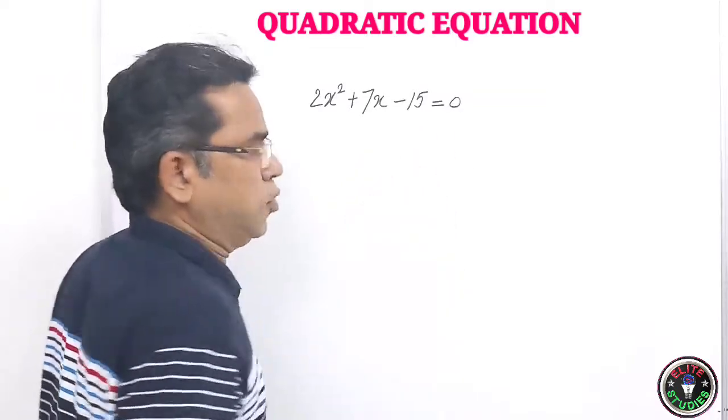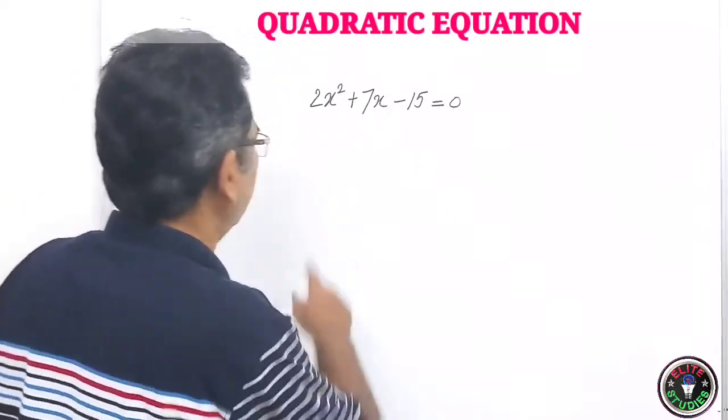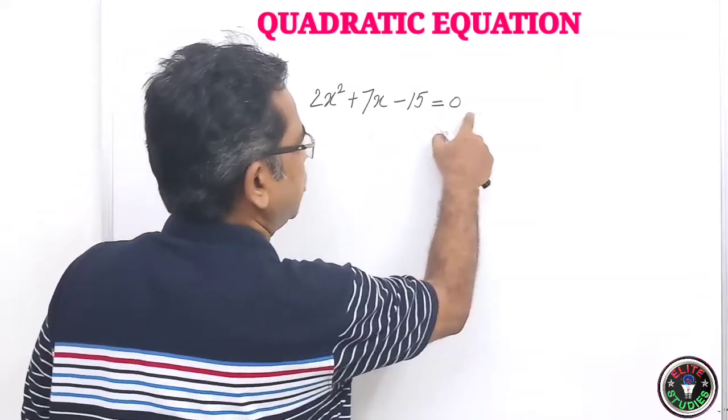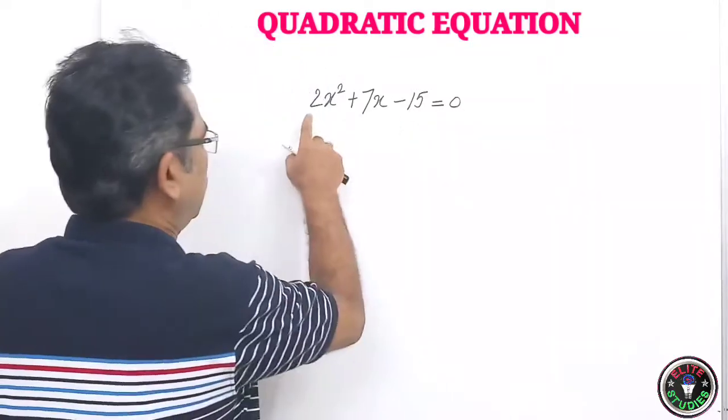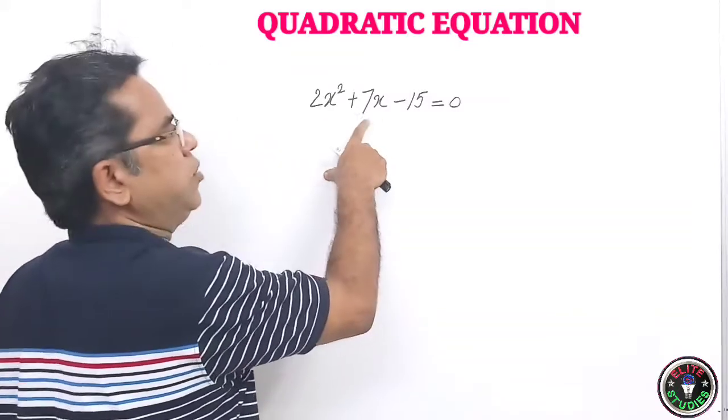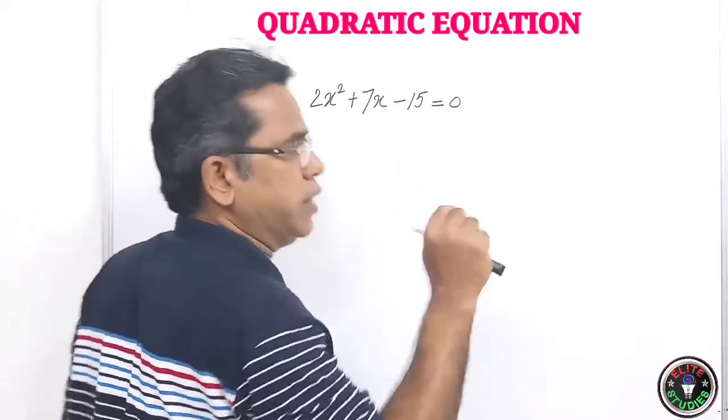This is a quadratic equation because it is in the form of ax square plus bx plus c is equal to 0. Here 2 is the coefficient of x square, plus 7 is the coefficient of x, and minus 15 is the constant term.